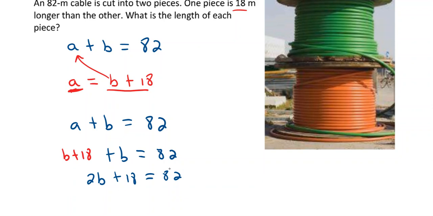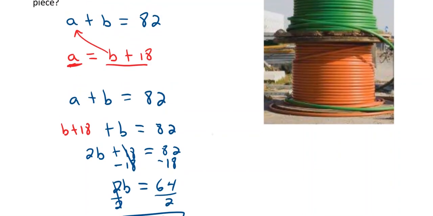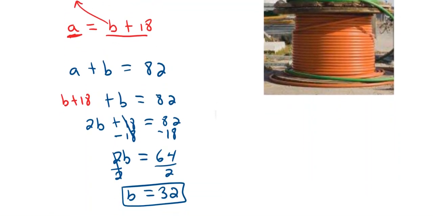Now we'll subtract 18, so minus 18 minus 18. So we get 2B is equal to 64. And then lastly, divide by 2, so we get B is equal to 32. And then we can throw that into either one.